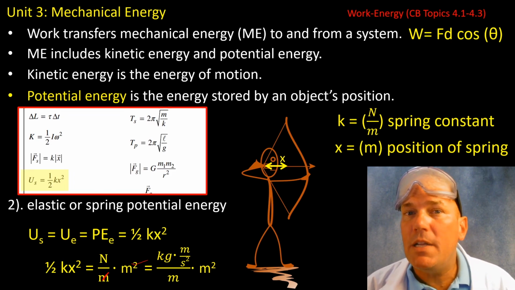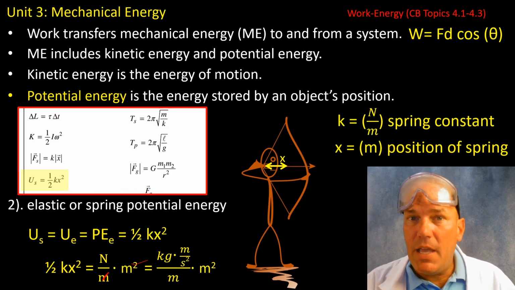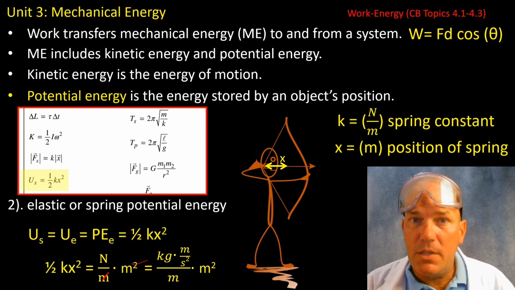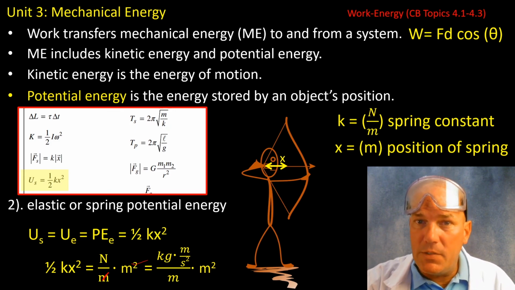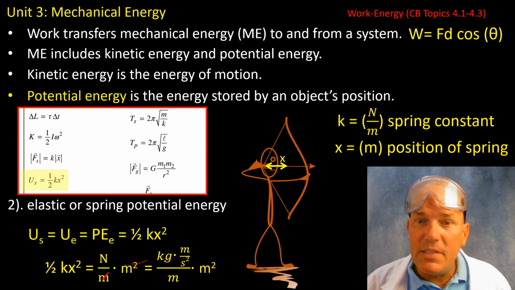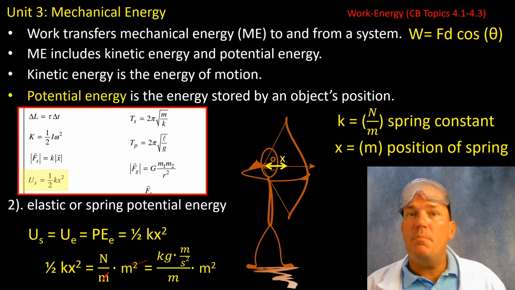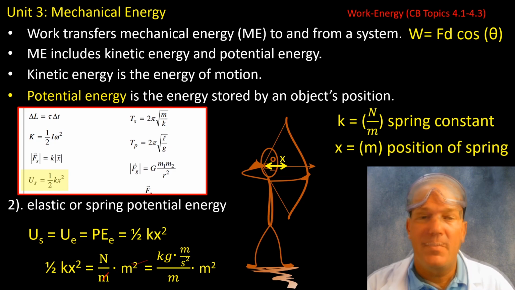Now, I also want to again mention, you guys, that objects can have stored elastic potential energy when they're compressed as well. Okay, so think about that a little bit. Compression or extension. In both cases, we have a change in the position of the material, the spring.